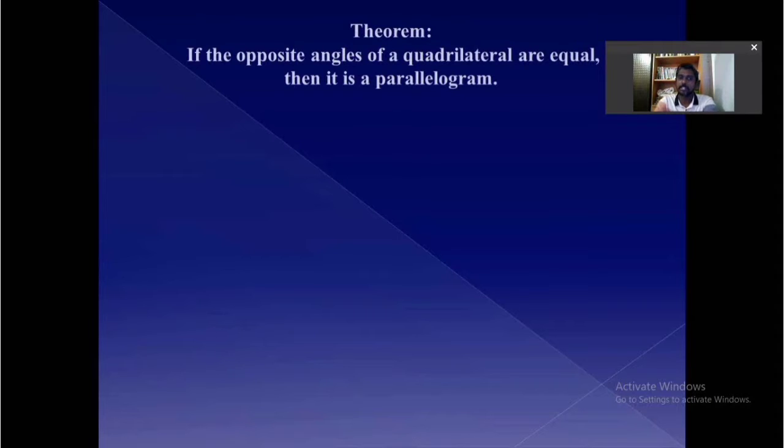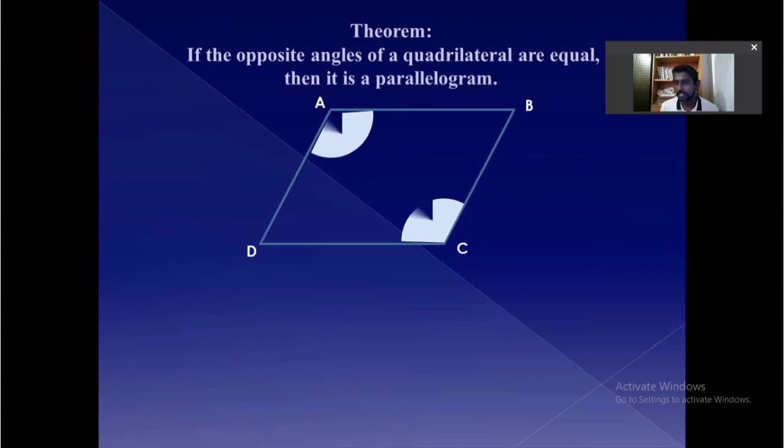The first theorem is, if the opposite angles of a quadrilateral are equal, then it's a parallelogram. For example, in this quadrilateral ABCD, angle A and angle C are equal, and at the same time the other two angles in yellow are equal.